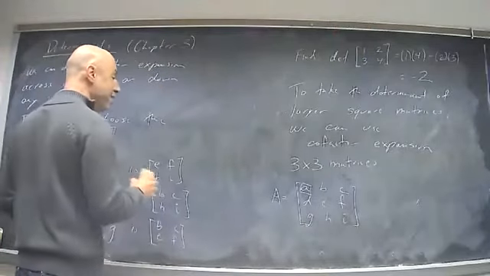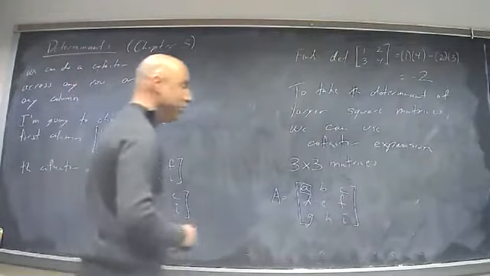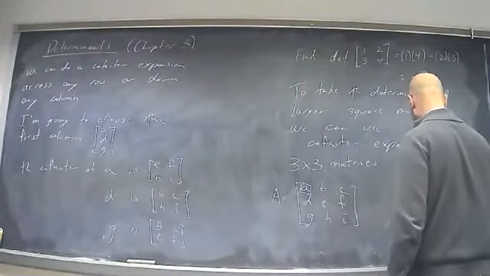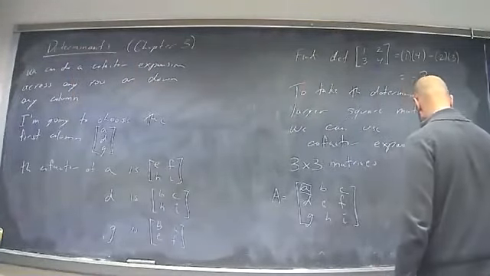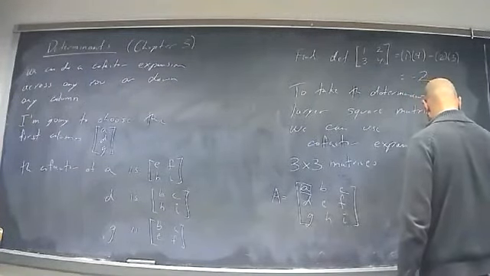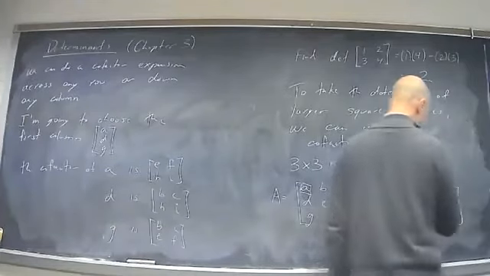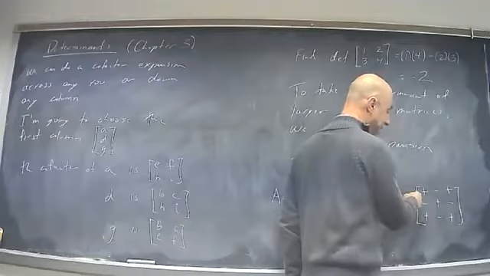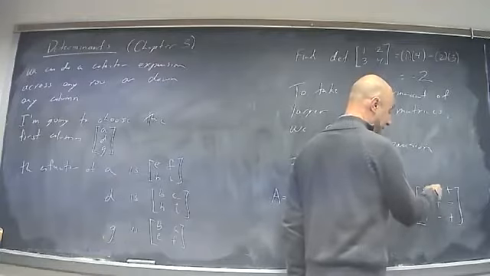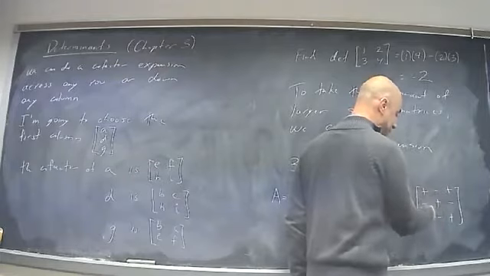Okay. Now the other thing that you need to be able to take the determinant of a 3 by 3 matrix is the following checkerboard pattern. You just start in the upper left-hand corner with a plus sign, and then just alternate: minus, plus, and then minus, plus, minus, plus, minus, plus.